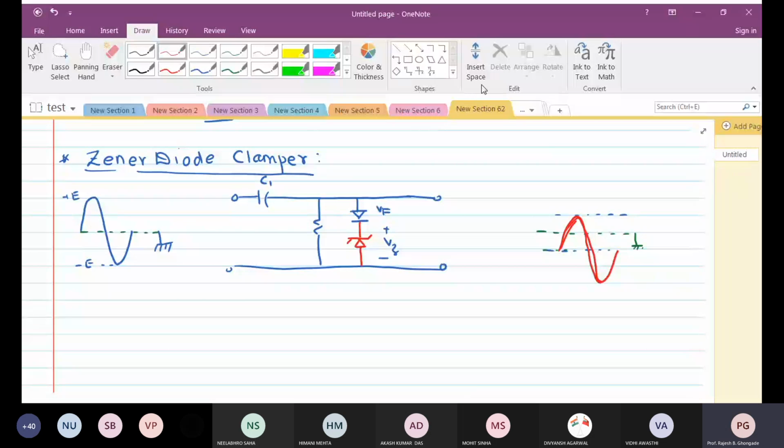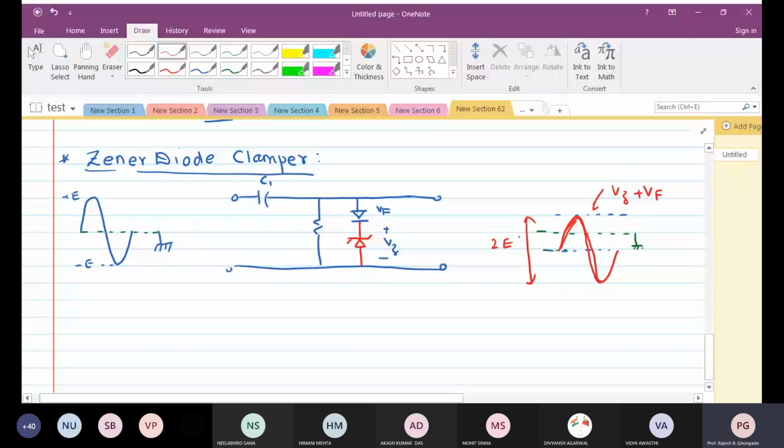The value will be Vz plus Vf. Just replace that Vb, and still you'll see that the output is equal to 2 times E.